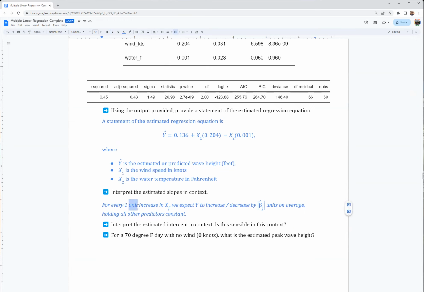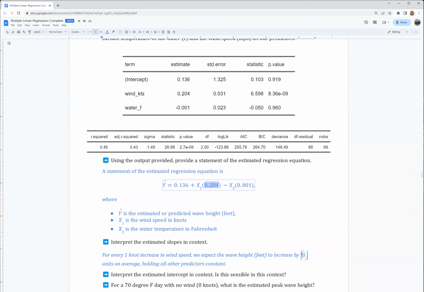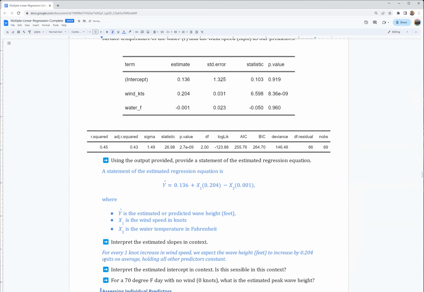For every 1 knot increase in wind speed, we expect the wave height in feet to, and since this is positive, increase by this number, the slope we got from up here.